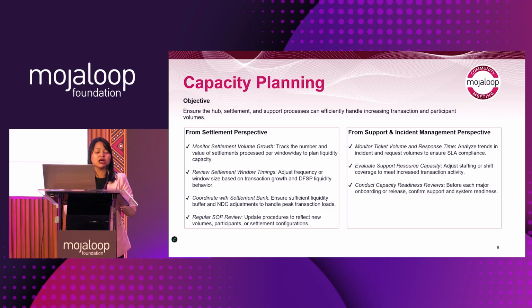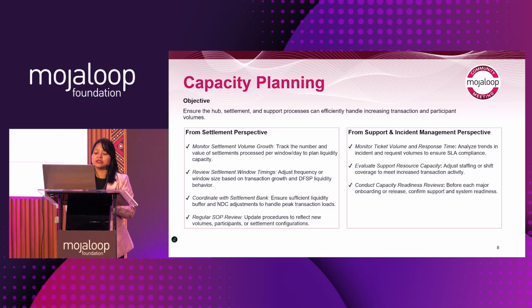If the transaction volumes are larger after go-live, we should plan to increase the NDC and the liquidity amount in the payment scheme. In the initial phase of the scheme, it is good to set the NDC percentage and the minimum liquidity amount low, but after monitoring the transaction volume, it is good to increase the NDC percentage and the liquidity amount for every DFSP.